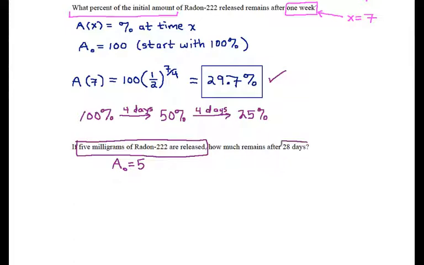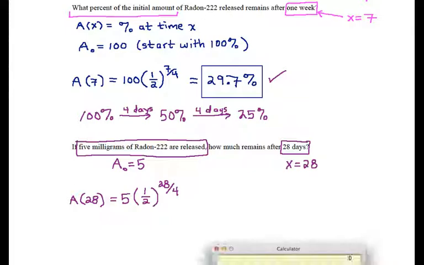And 28 days is giving me a value of X, telling me X is equal to 28. So I will say A of 28 is equal to A naught, which is 5, times 1/2 to the power 28, again divided by the half-life of 4.